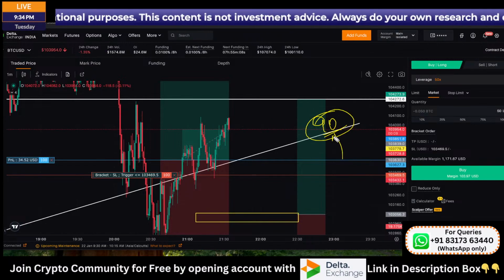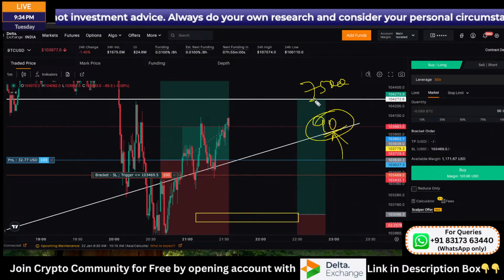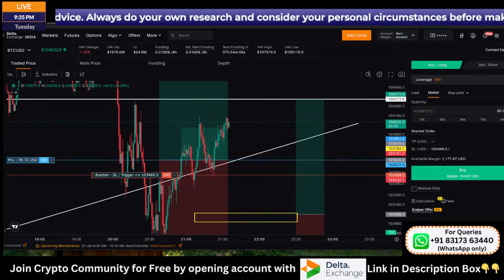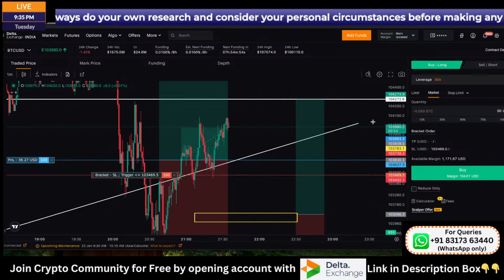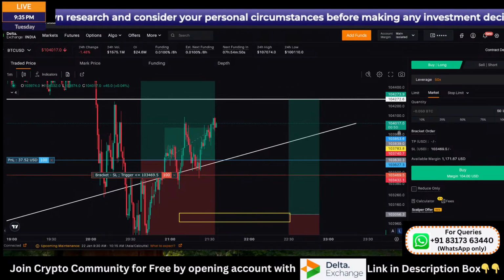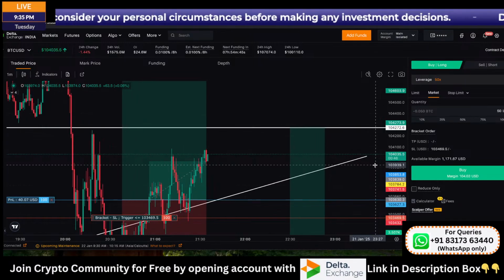So this $90 is how much? More than 7,500 rupees, right? So people who have taken 100 quantity, you would have made 5,000 plus today.